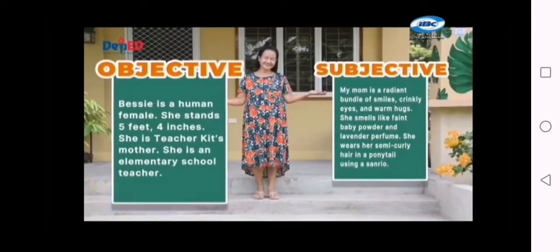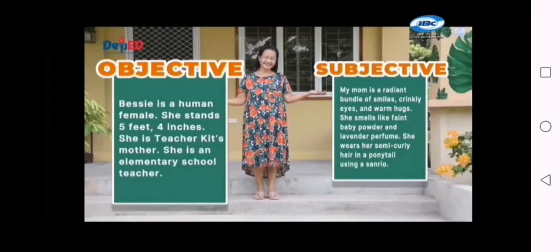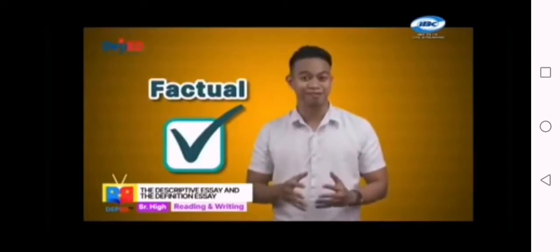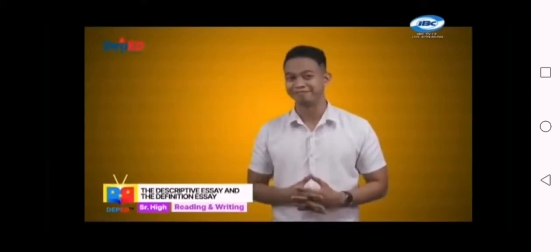The first sentence is an example of objective description. Notice that in an objective description, we describe the subject without any bias or preferences. The subject was described in a factual manner. Think of how a robot or a computer would describe my mom.